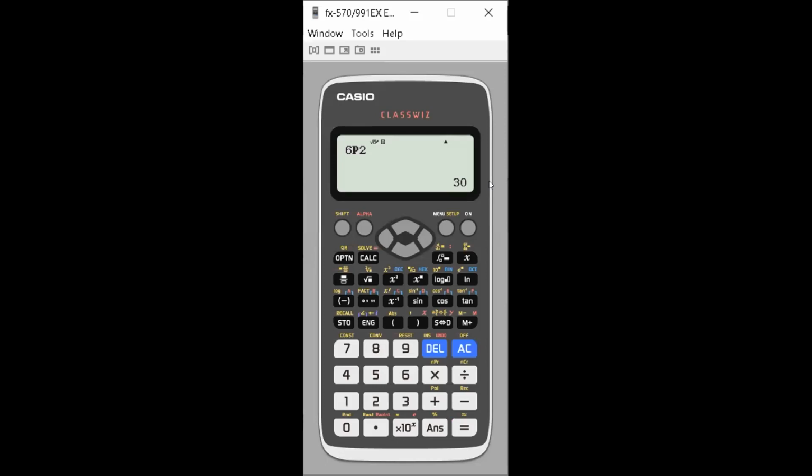Is it clear? Yes, teacher. So miss will press shift. Yes. Then shift with multiply to get this nPr. For n, you write the number of the books, and for r, you write the number of the books you want to read.